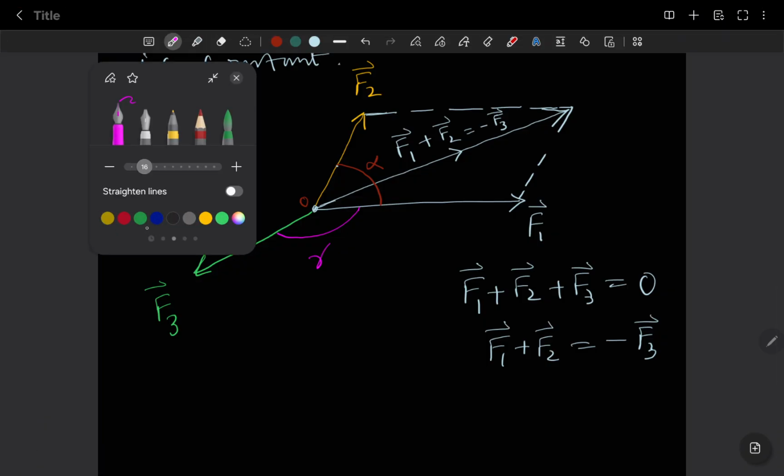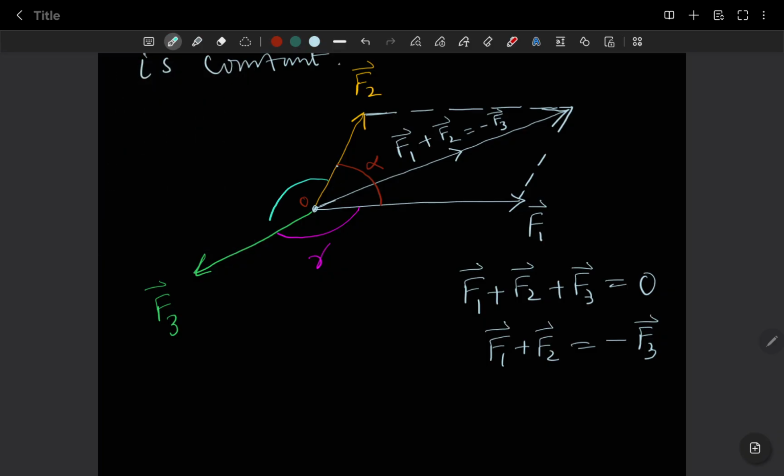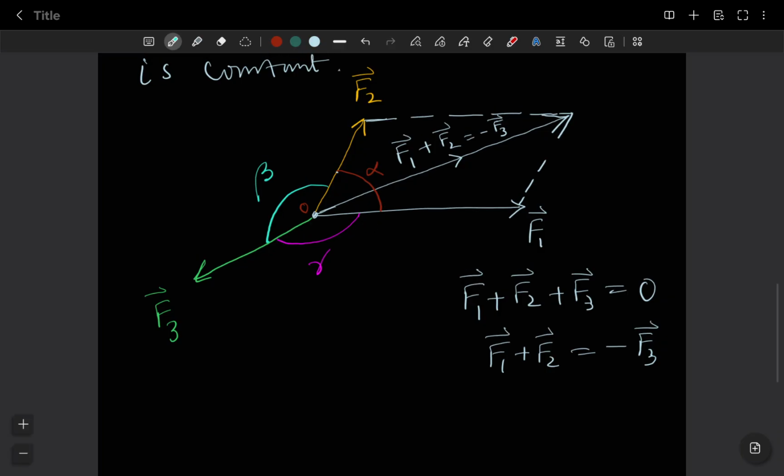Now see, if this is gamma, then this angle is pi minus gamma.